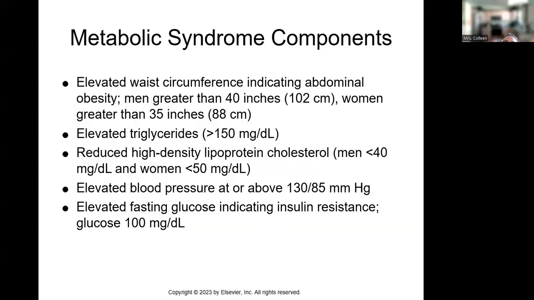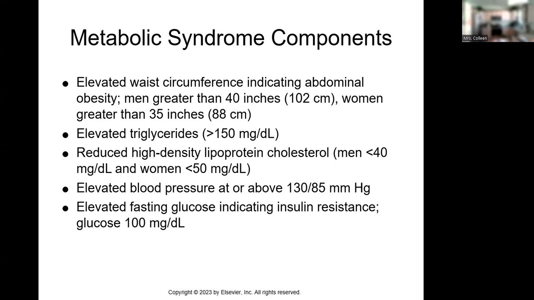Okay, so let's now continue with our discussion. Looking at the slide, we talk about metabolic syndrome. This patient may have an elevated waist circumference, indicating abdominal obesity, okay? That's an abdomen greater than 35 inches for women, and greater than 40 inches for men. They have elevated triglycerides, over 150.